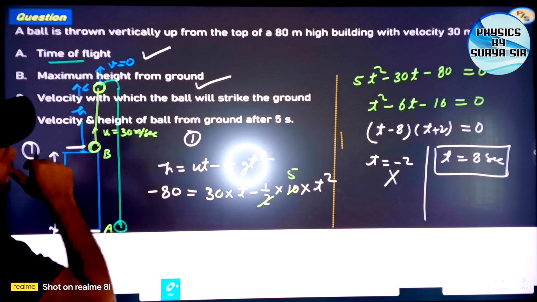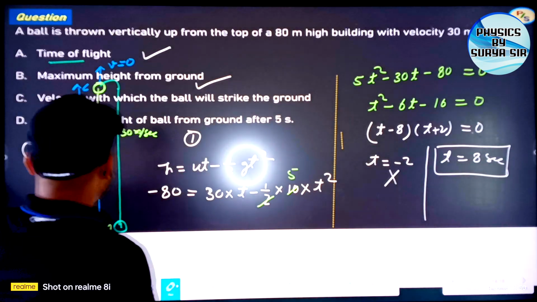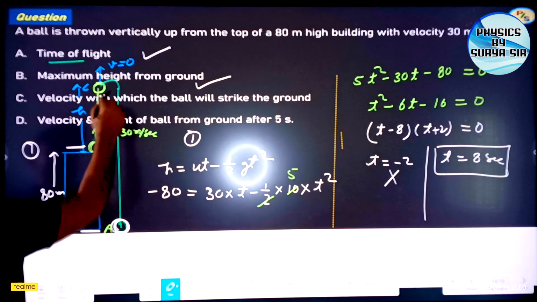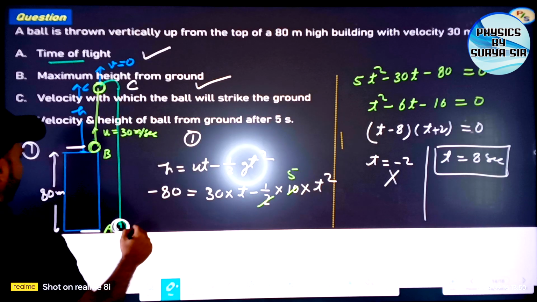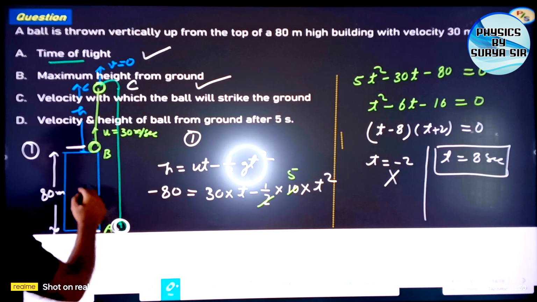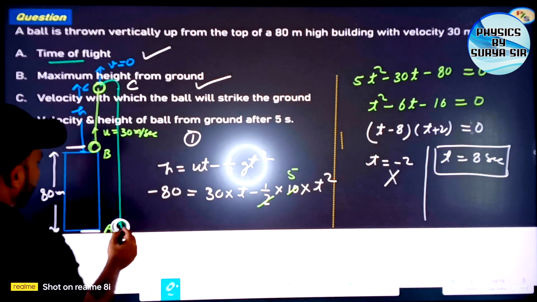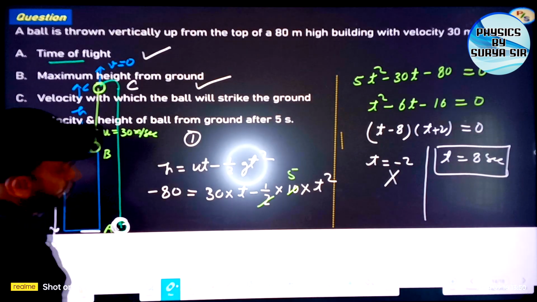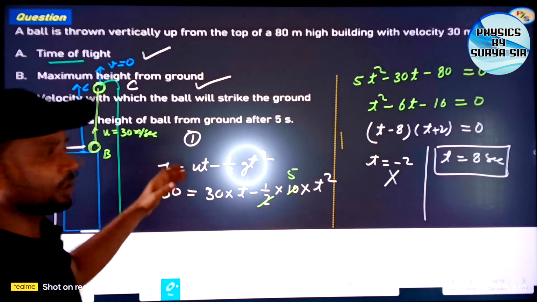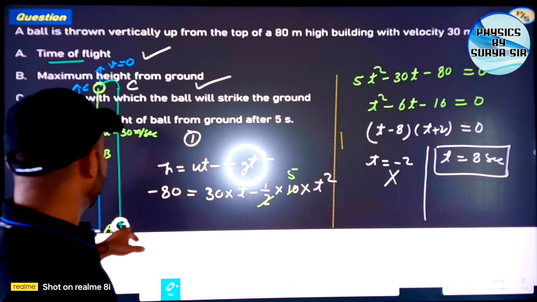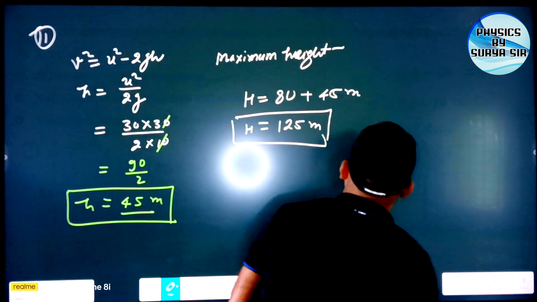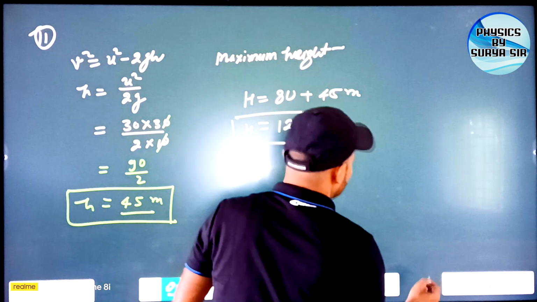Velocity at which the ball will strike the ground. With what velocity will the object strike? So we are talking C to A. At C the maximum height is 125, and here we are going to calculate the velocity v. We can use the third equation, v square is equal to u square plus 2gh.